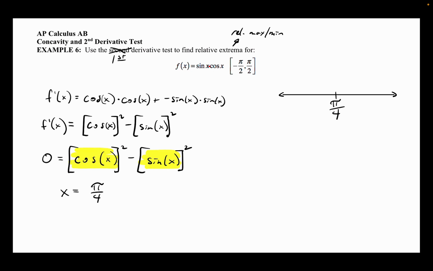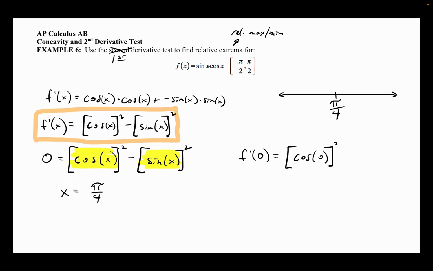Okay, so pi over 4. First derivative. I'm going to plug in values. For less than, I would pick 0, because 0 is in the interval. So it would be cosine of 0 squared minus sine of 0 squared.